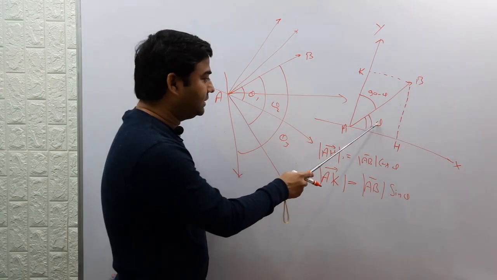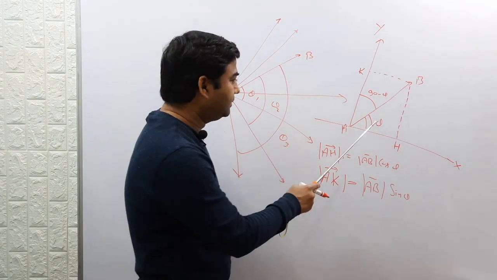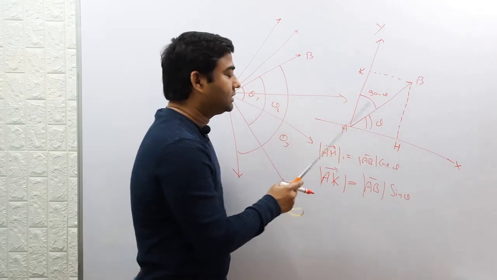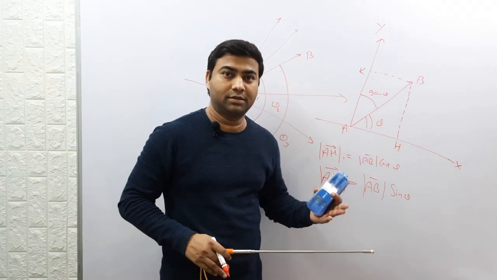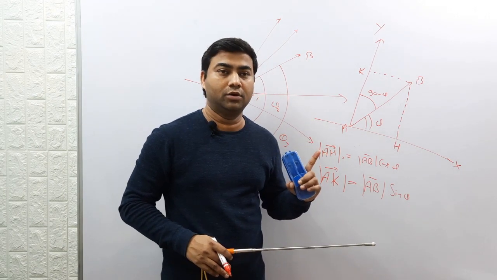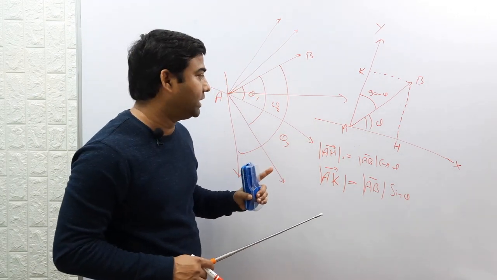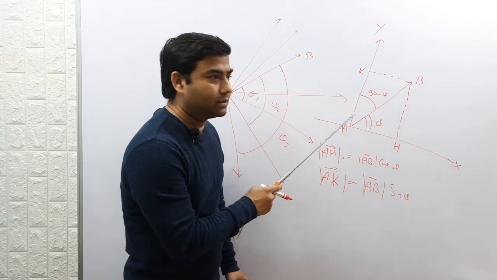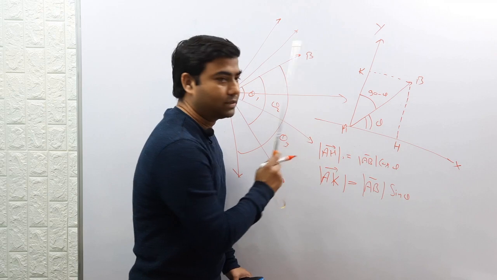So when we fix the angle theta, then the perpendicular components of the given vector are fixed. There will be only one combination of perpendicular components for a given vector and a given direction from the vector.